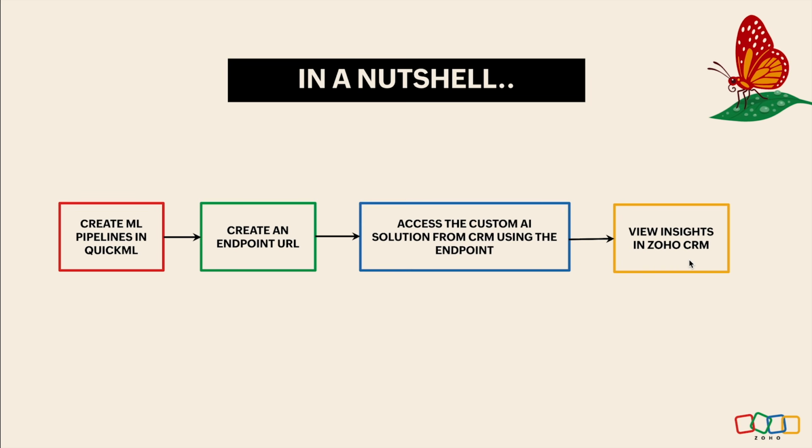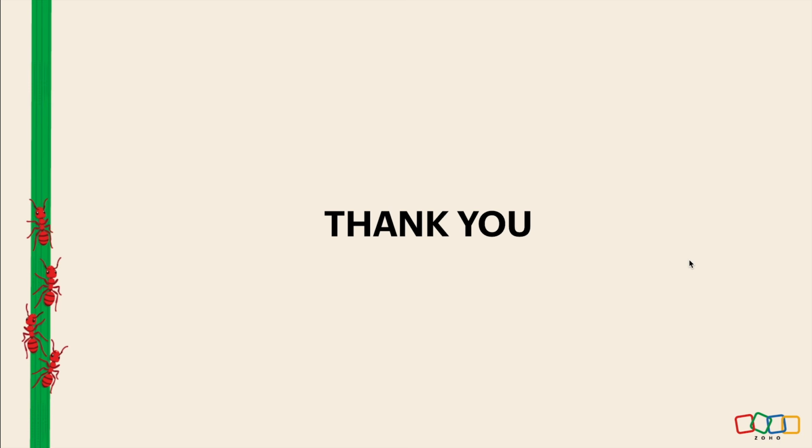So using the power of QuickML and Zoho CRM, you can create various models and address a lot of use cases for which you might not find ready-made solutions. Any help that you need with this, you can reach out to our experts, or we have help doc resources as well. That brings us to the end of this presentation. So we hope all these features will help you enhance your business and take it forward.